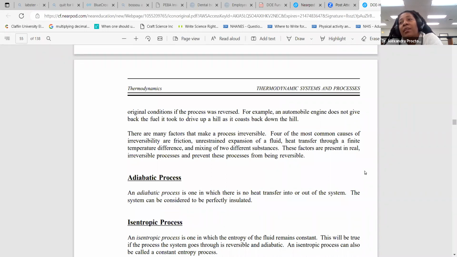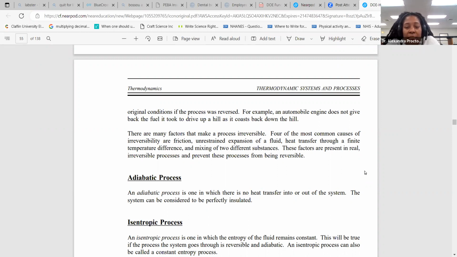Some of it is lost in different ways in terms of the way you think about cars. If not, then of course you would have a car that was just so perfect that it would break certain laws of thermodynamics. So there are many factors that make a process irreversible.